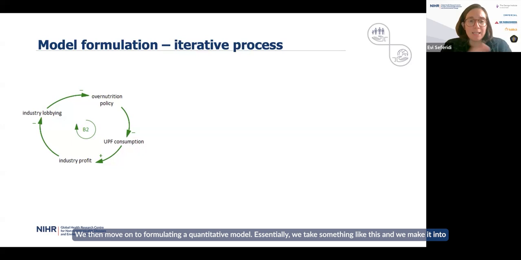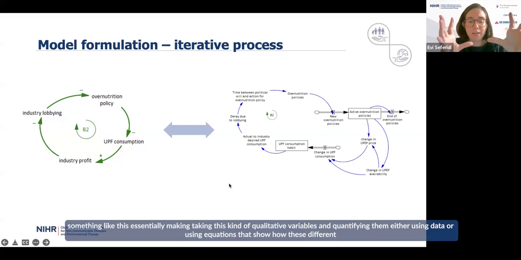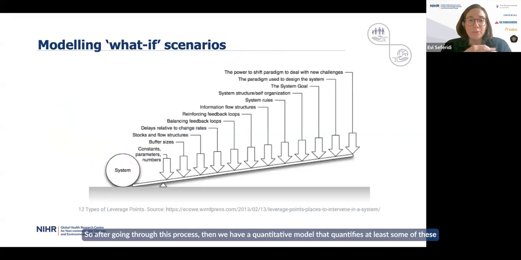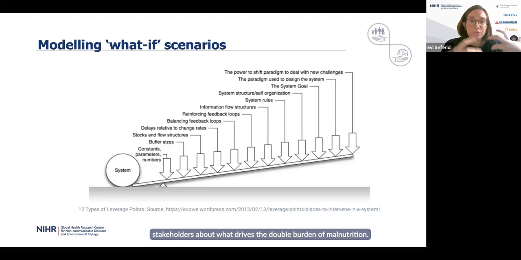Essentially, we take something like this and we make it into, next slide, please, something like this, essentially taking these qualitative variables and quantifying them either using data or using equations that show how these different variables interact. So after going through this process, then we have a quantitative model that quantifies at least some of this understanding of stakeholders about what drives the double burden of malnutrition.